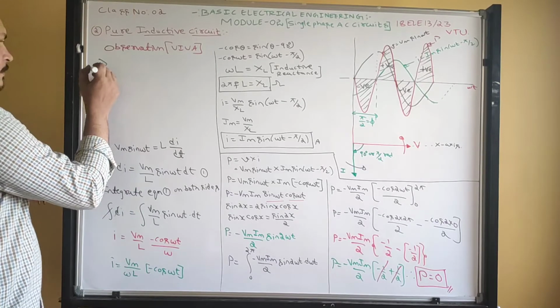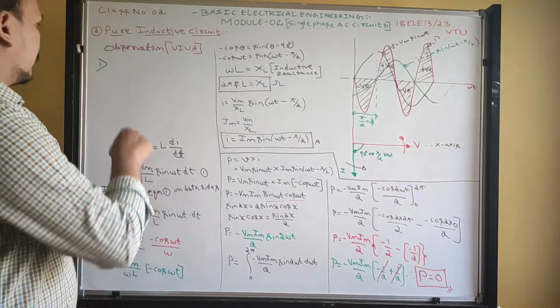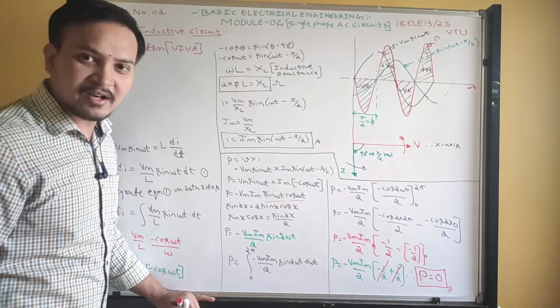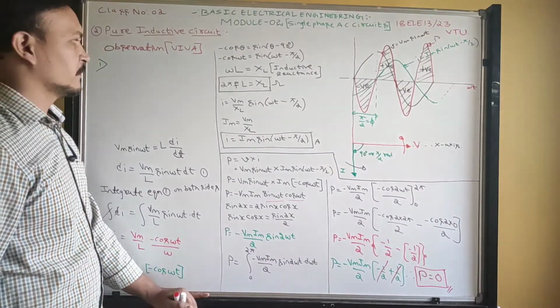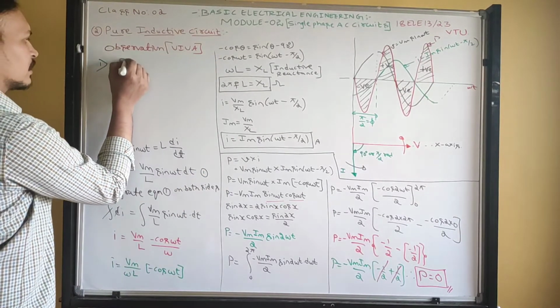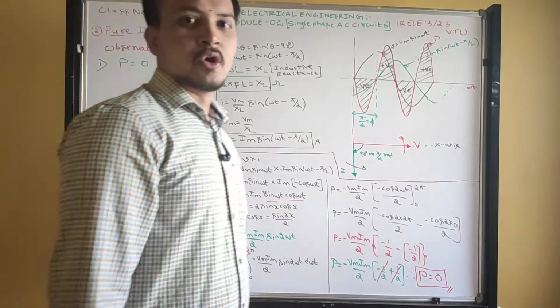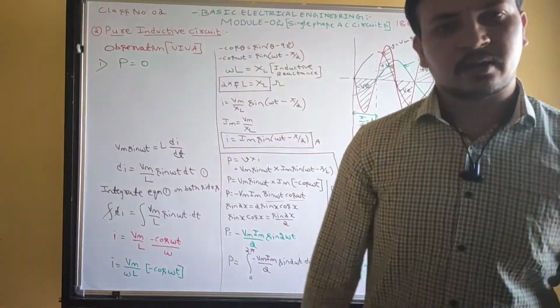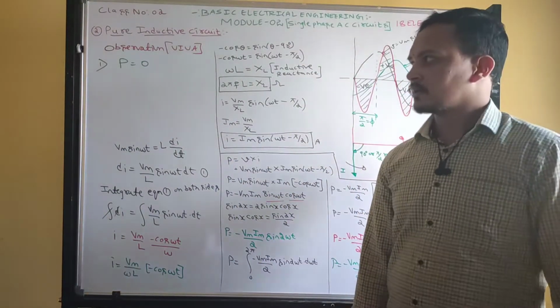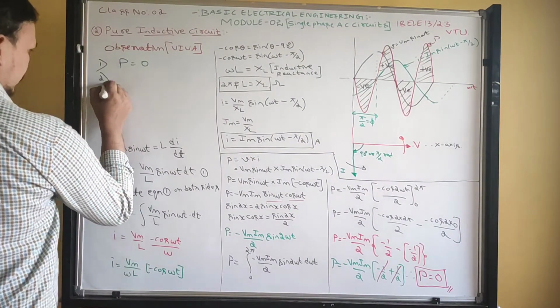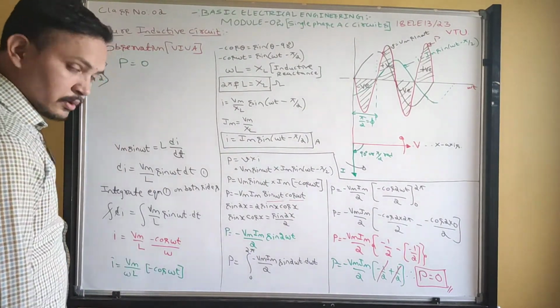So write first one. What is the first point? First point, please write down: pure inductor never consumes power. Within the bracket write down P is equal to 0. Write down pure inductor never consumes power. Written? Very good. Next, second point.